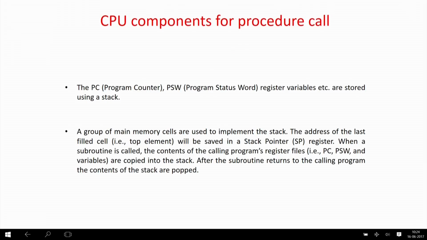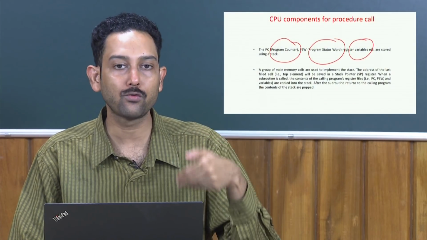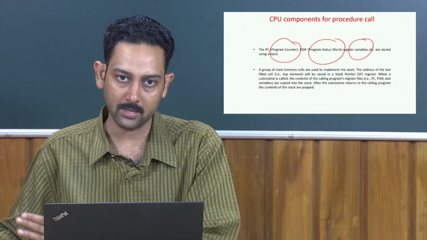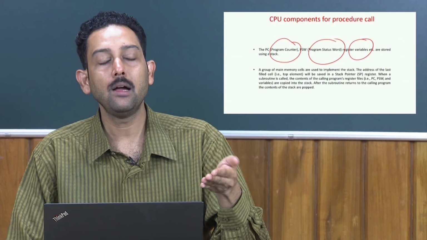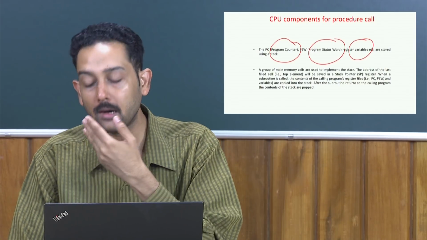As I told you, the program counter, program status word and register variables are very important components which are stored in a stack, which defines the current context of a code. The flag registers are also saved, because when you are running a current set of instructions, the flags are set or reset, and are used for conditional statements. When you go to a subroutine, the same flag registers will be used, but now in the context of that procedure.